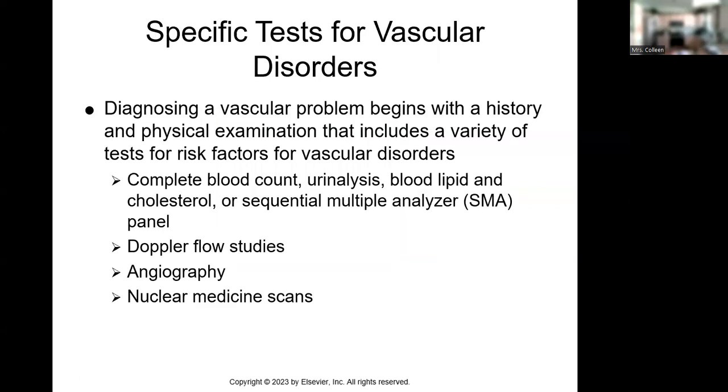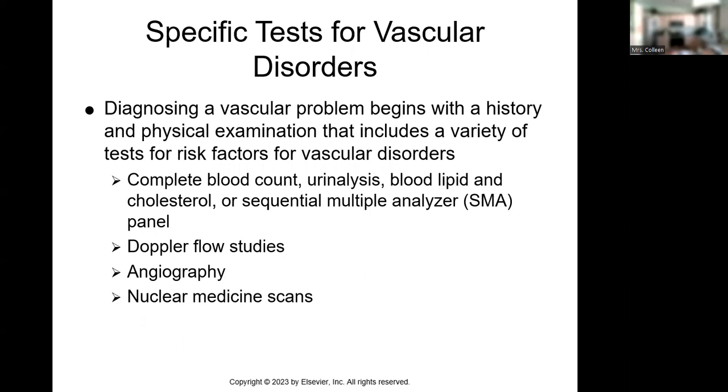Okay, so if we are looking for specific vascular disorders, there may be specific tests. It may be a complete blood count, which is called a CBC. So we're going to be looking at the red blood cells, the white blood cells, the platelets, and the electrolytes. Urinalysis wise, we're looking to see if there are any abnormalities in the urine.